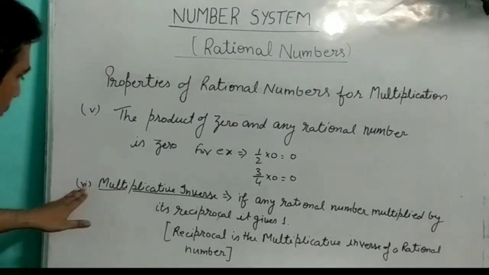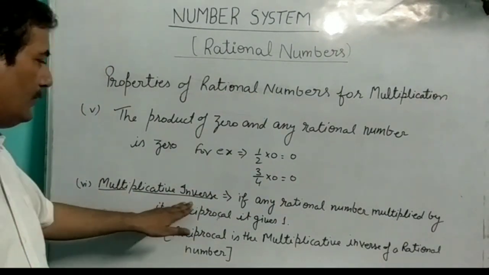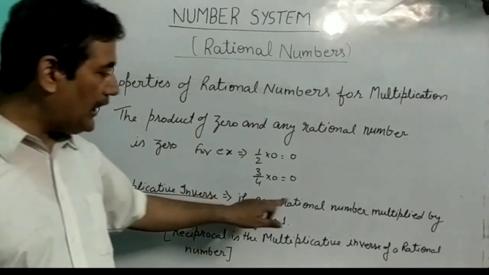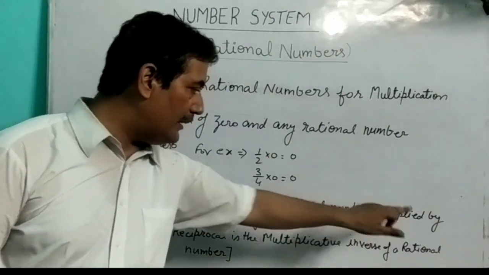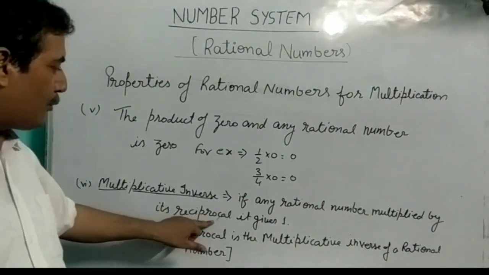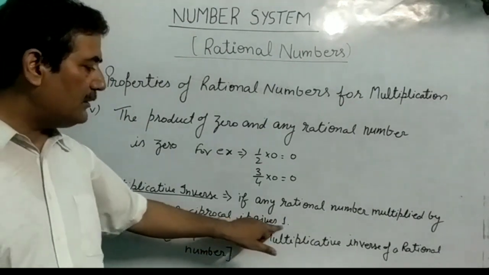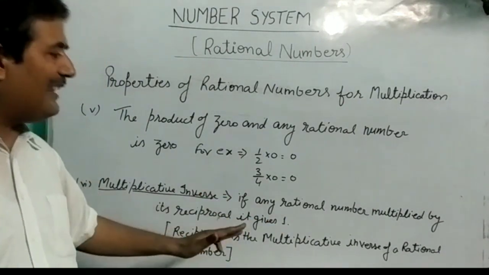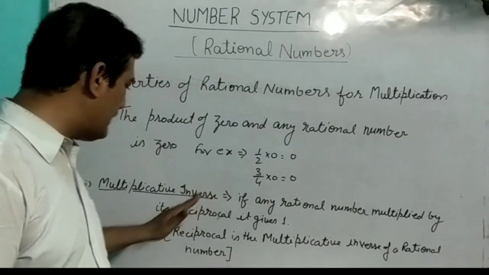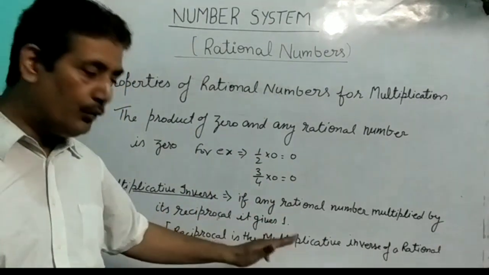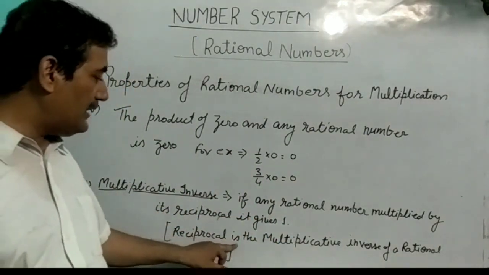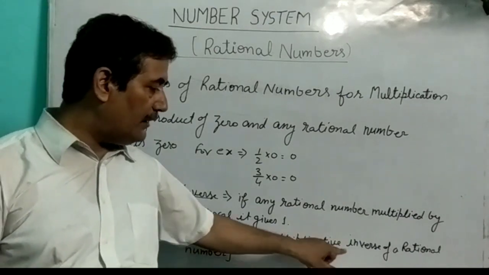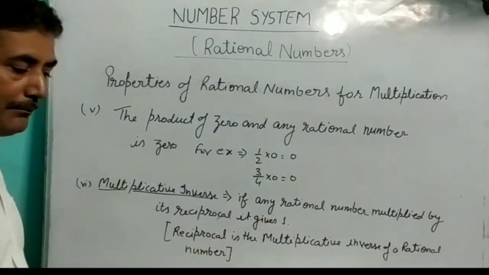And the last property, multiplicative inverse. If any rational number is multiplied by its reciprocal, it gives 1. It means the reciprocal is the multiplicative inverse of a rational number.